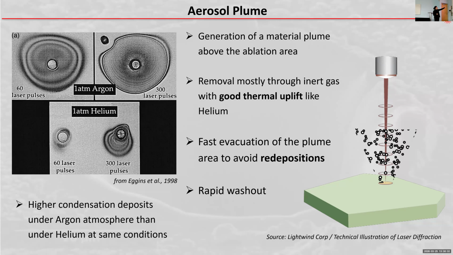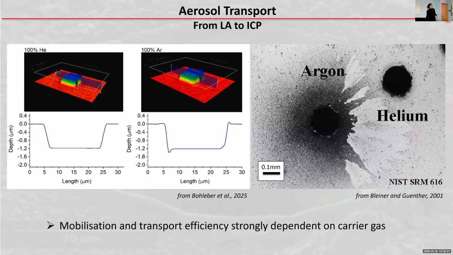And this is shown by the two gases that are mostly used, argon and helium, which, by the way, makes laser ablation, unfortunately, kind of expensive. You have to use a noble gas for that. So the argon already has a much, much, much bigger plume than the helium. And this is especially visible in the deposits that you create.